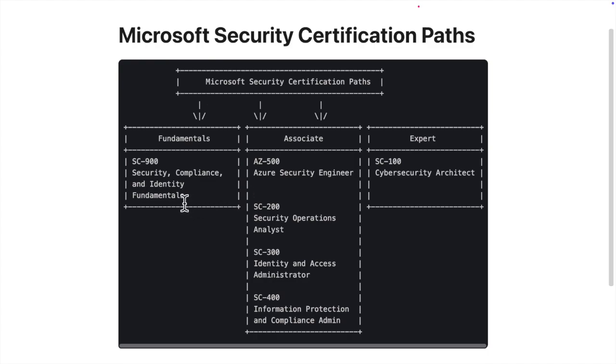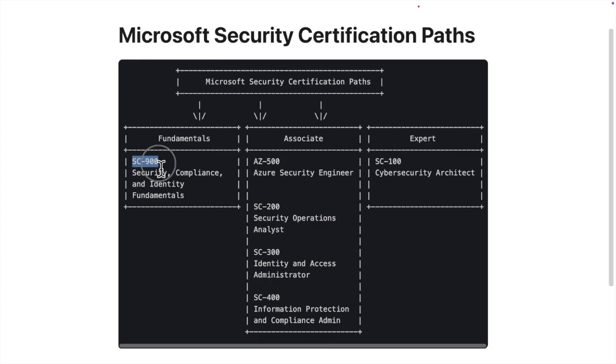But if you don't understand what security is, or what compliance is, or what identity fundamentals are, if you don't have a very basic idea, don't ignore it. You start from here. If you are a beginner, or you start your career with this type of certification whose dream is to be a cybersecurity architect, I will suggest that you start with SC-900.